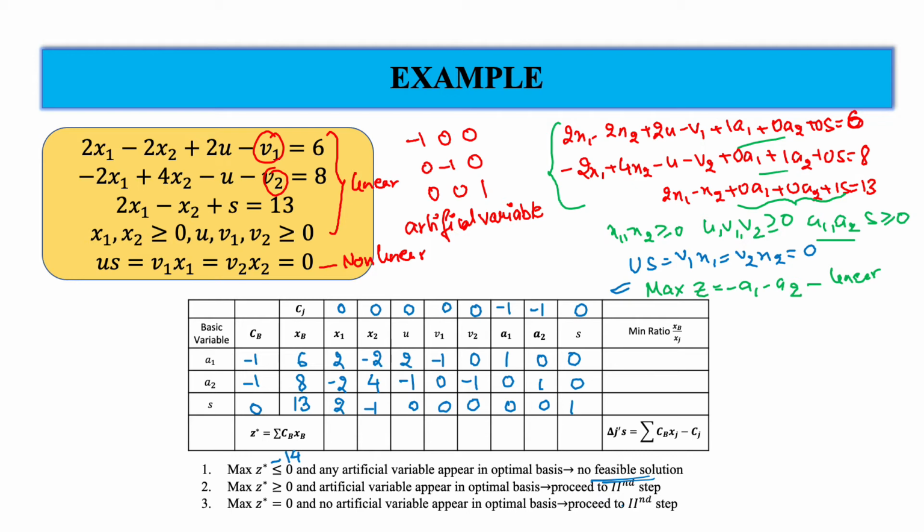So now we will find the delta j's. So delta j is -2 plus 2, it will become 0. Then -2 into -1 is +2, -4, it will become -2. Similarly -1 into +2 is -2, +1, it will become -1.